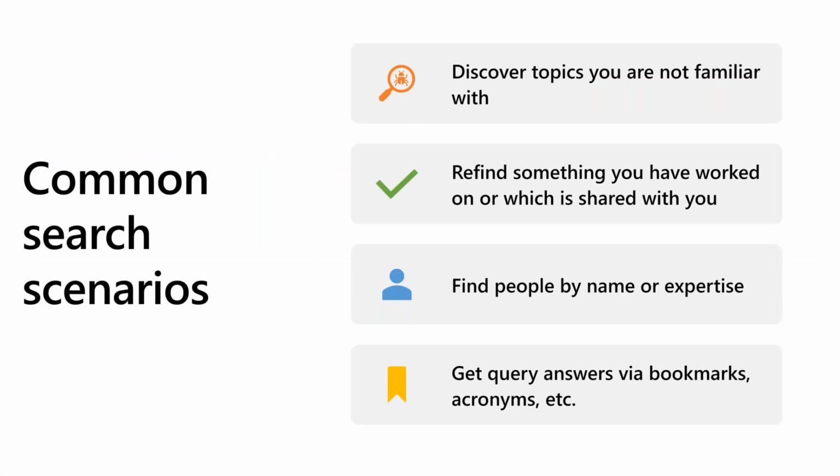And just to touch on some of the common search scenarios, it's about discovering topics you are not familiar with when you're in an exploratory phase. Maybe you want to refind something you have worked on, and which is shared with you. I'll just mention that refind is probably the focus scenario in Microsoft Search today.